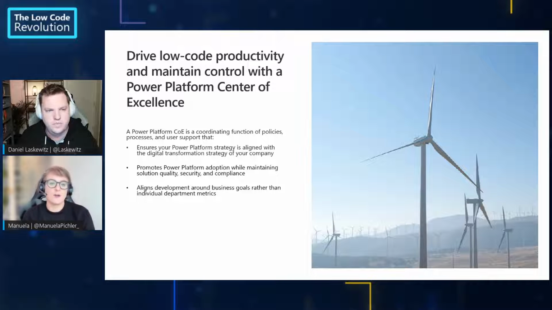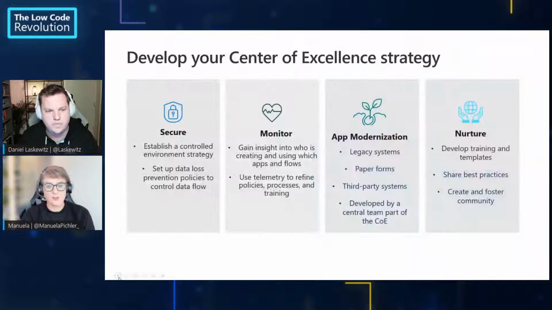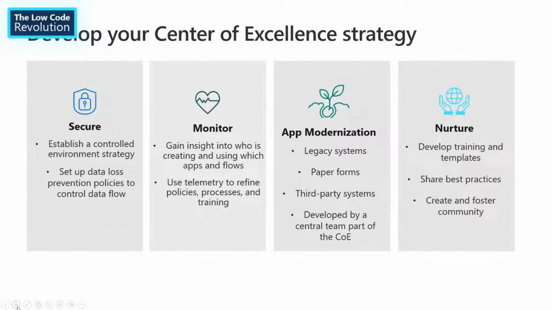So we think of a center of excellence as a central team made up of different functions. Some of the responsibilities of a center of excellence are to secure the tenant, laying down security foundations, making sure that environments are set up and that there's no risk of data leakage.